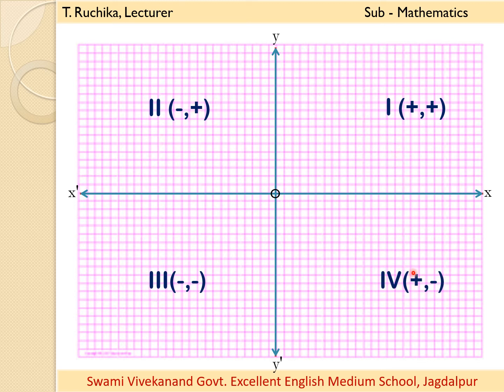In first quadrant, all the points will have positive x and positive y, as it is covered with OX and OY, they both are positive branches. In second quadrant, all the points will have negative x and positive y.